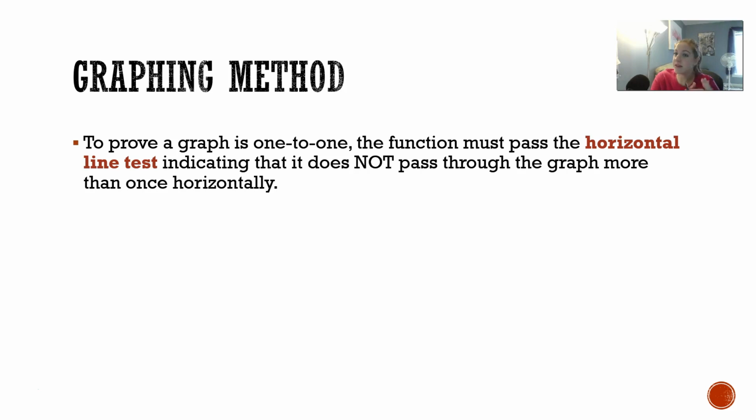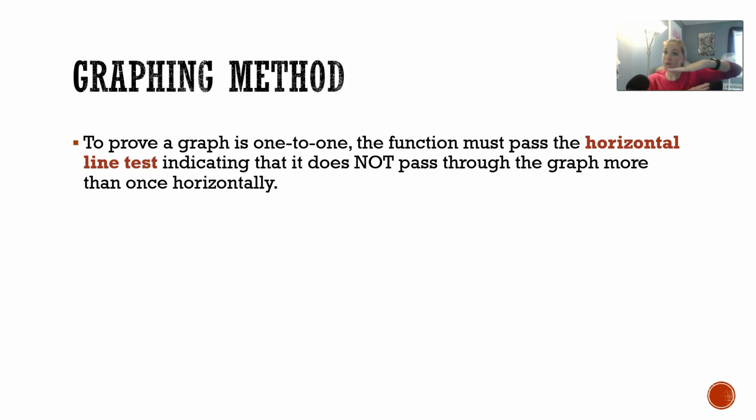Another method to prove that it's one-to-one is the graphing method. To prove that a graph is one-to-one, we do the horizontal line test. You've probably heard of the vertical line test, which tests to see if a graph is a function, just a plain old function, nothing special.